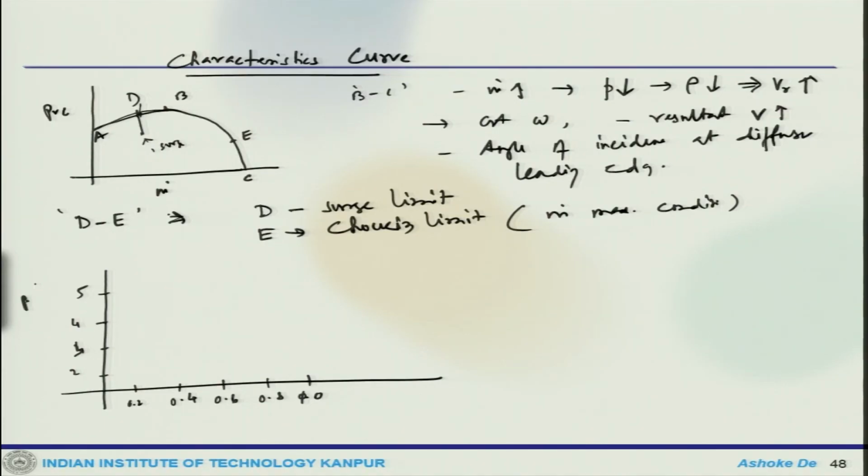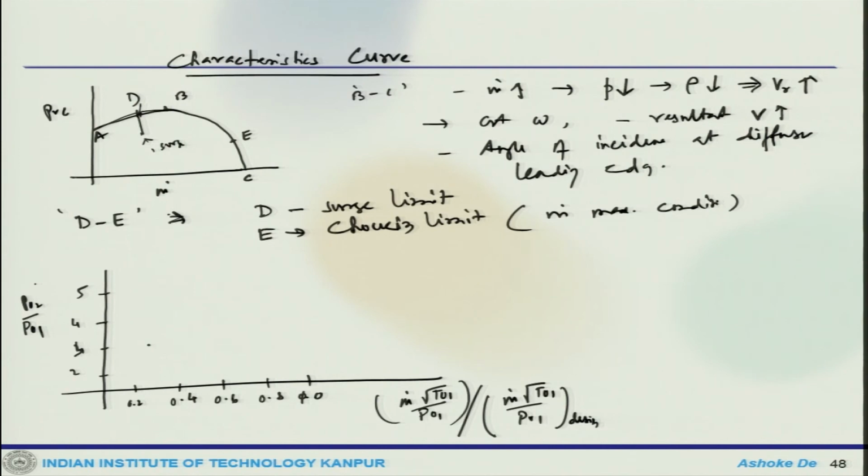We have P2 by P1 on this side, and on this side we have m dot root T naught 1 by P naught 1 divided by m dot root T naught 1 by P naught 1 at design. So, what we get? We get typically this is one limit. This is another limit and we get a curve like this.